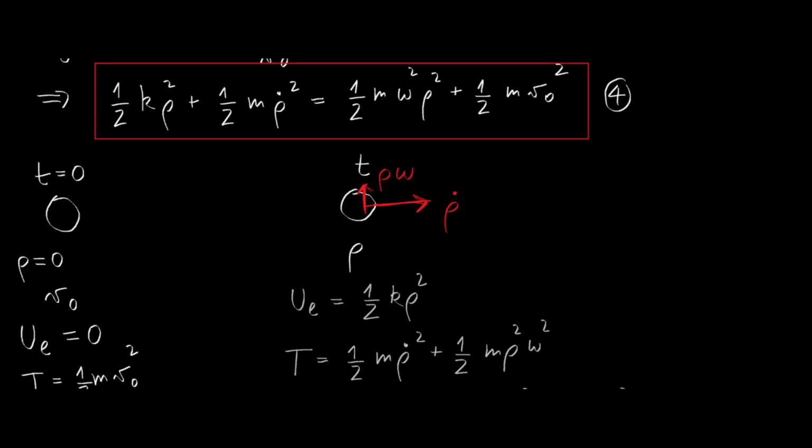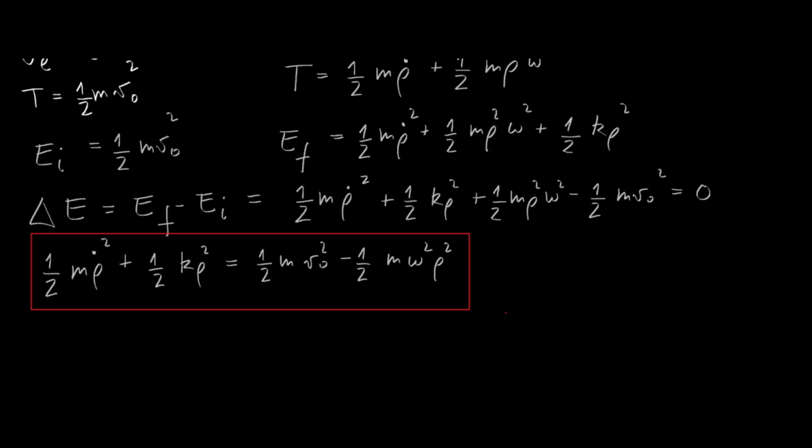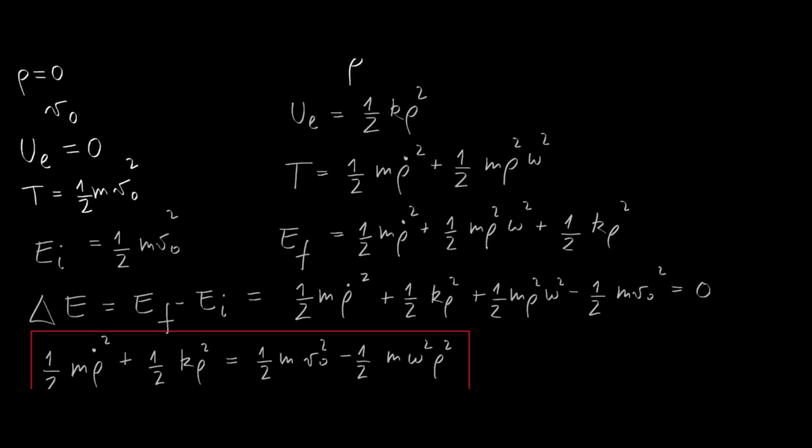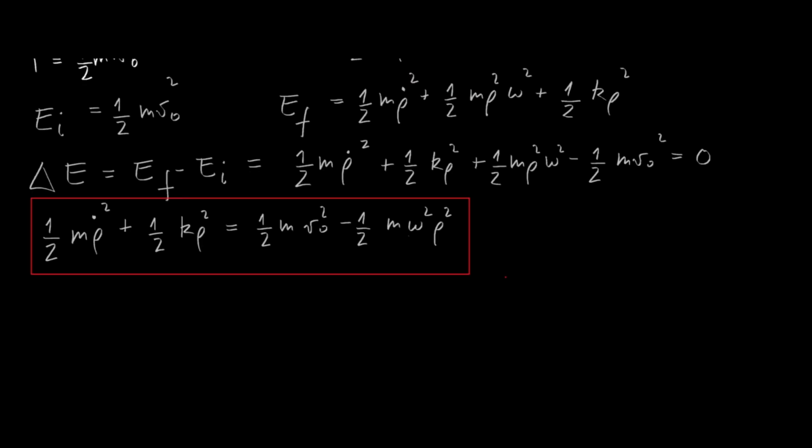The only term that differs between these two equations is one half m omega squared rho squared, which appears here on the right hand side with a plus sign, but in the other equation appears with a minus sign. So what is happening here?